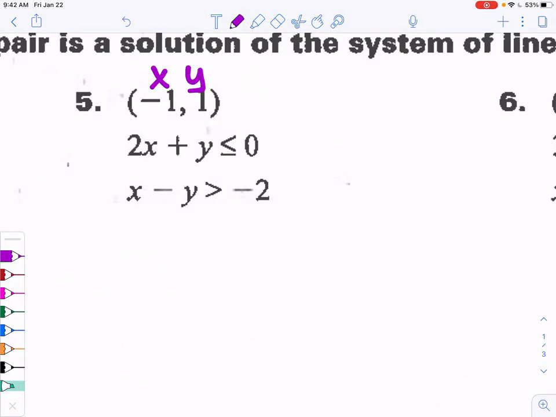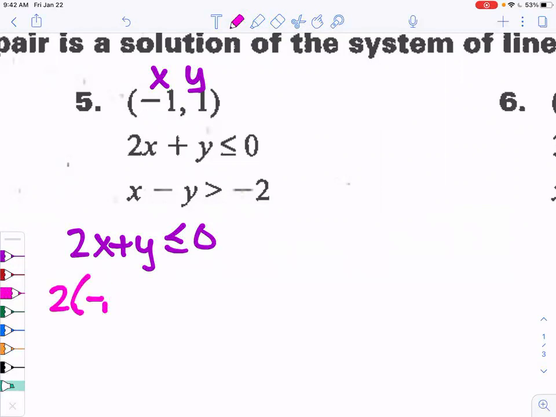So we're going to first take 2x plus y less than or equal to 0, and plug in -1 for x and +1 for y. So 2x plus y is now 2 times -1 plus 1. And we want to know, is that less than or equal to 0?